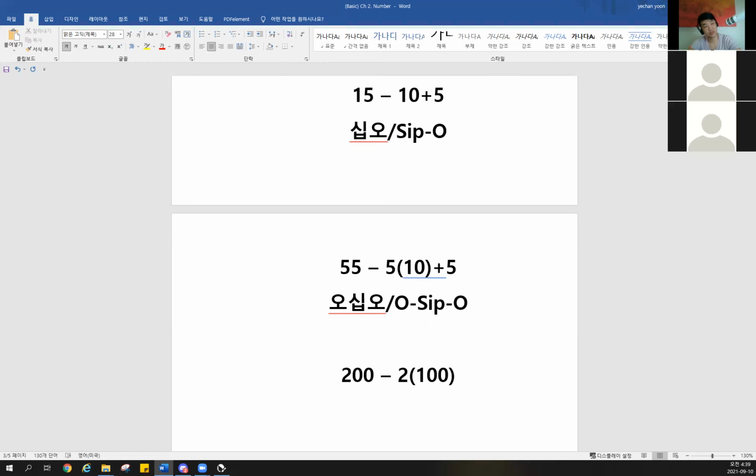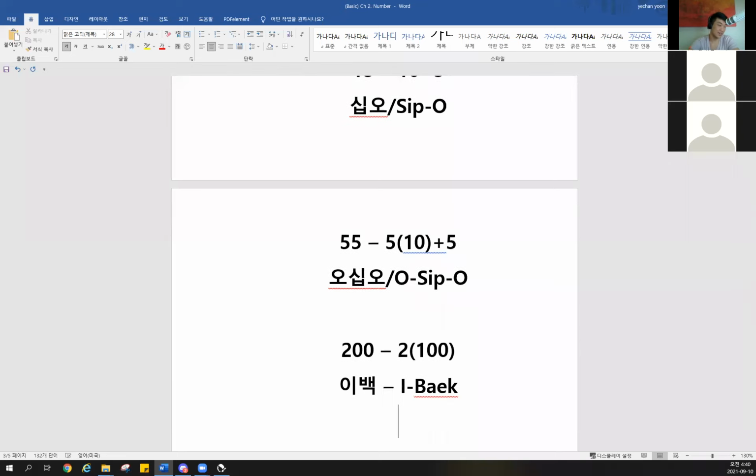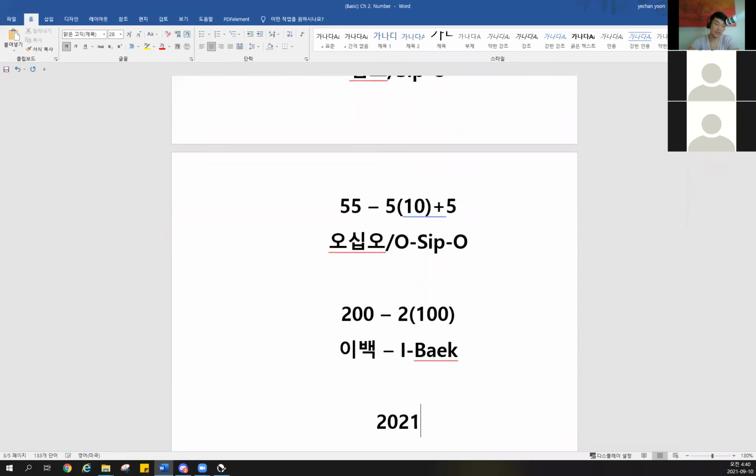What is the 2 in the Korean Sino version? E. Correct, David. All right, impressive. And 100 position, 100. That's all: E, 100. Just like this.